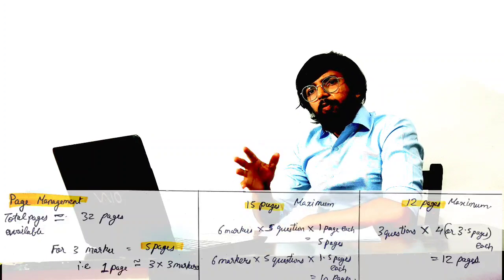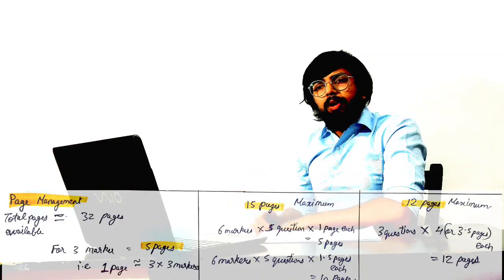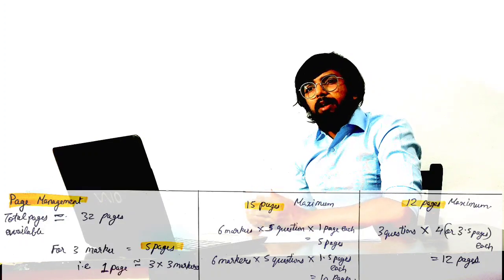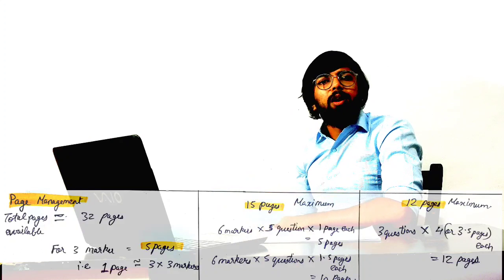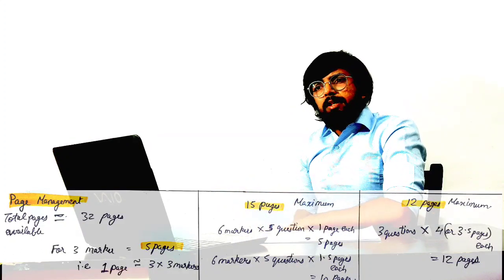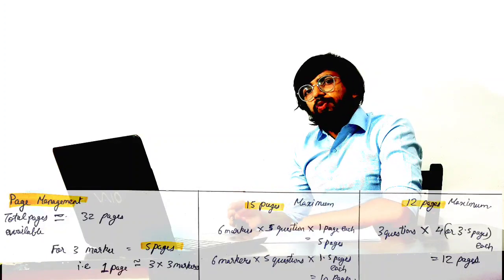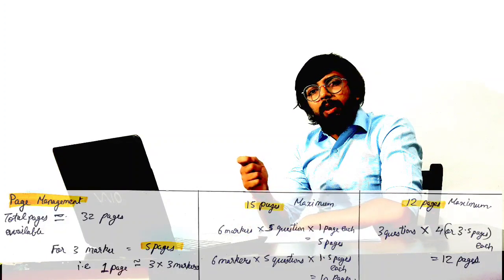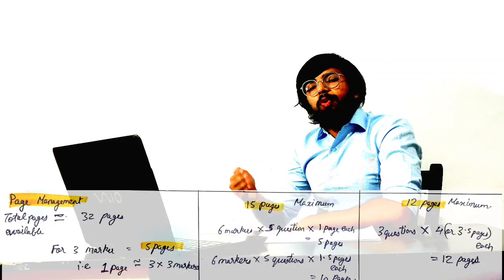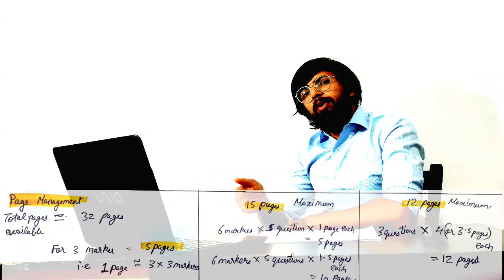So for making optimum utilization for gaining more marks, we have altered something in the page management of your 6-marker and 15-marker writing. We will practice writing some 6-markers that are factual or exact in pointers in 1 page, and some 6-markers in 1.5 pages, where the conclusion and some part of the body will jump onto the next page.